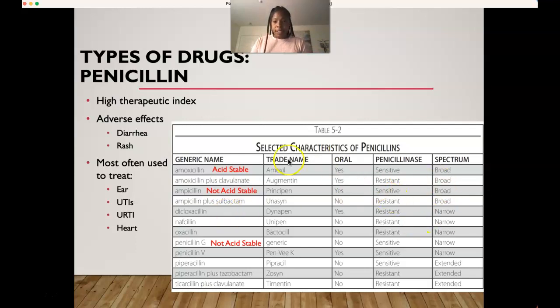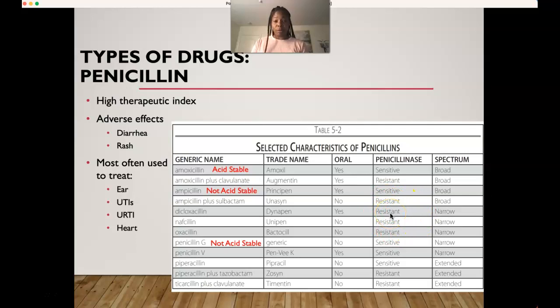So in your broad spectrum drugs, there are two that are probably better to be prescribed because they're going to be penicillinase resistant, which means they're going to be able to travel to the target site and exert their effect, right? And so that's going to be amoxicillin plus, and then you have ampicillin plus, right? Okay. As we move to the more narrow spectrum drugs, you can see that the narrow spectrum drugs are way more resistant.